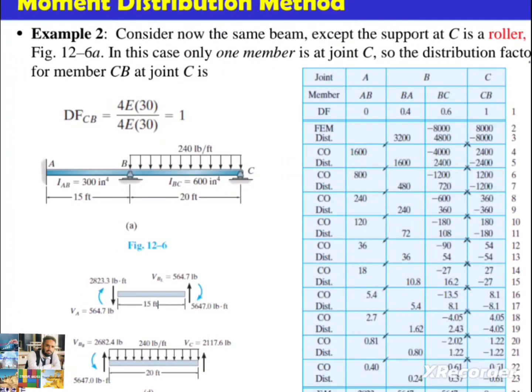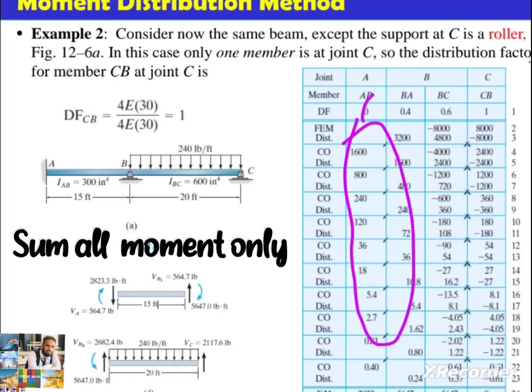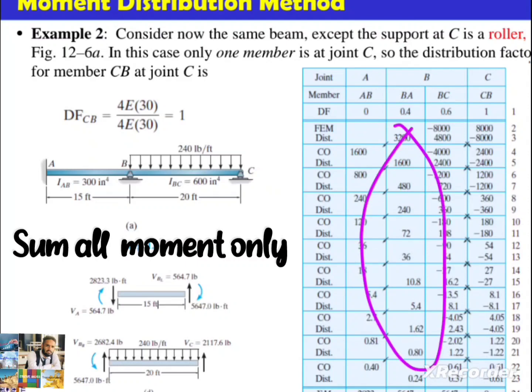So add all these moments for AB. For AB add all these moments besides the distribution factor, so we will get the value of 2823, and for BA add all the moments, we will get 5647. For BC add all the moments, minus 5647. So the net moment at point B will be equal to 0.